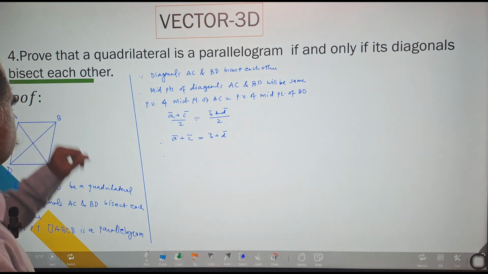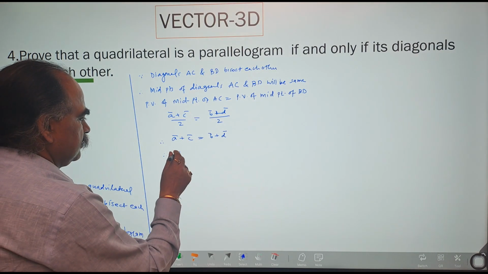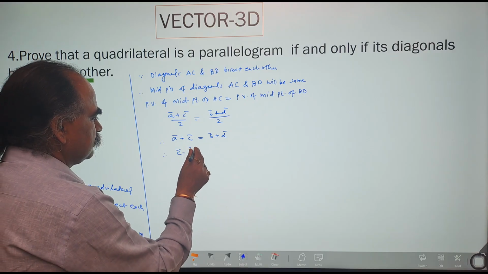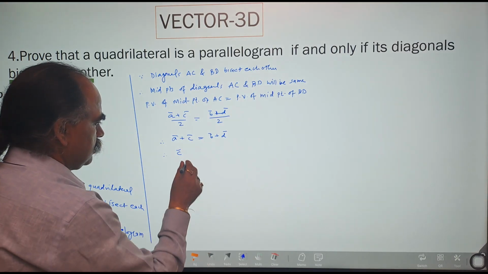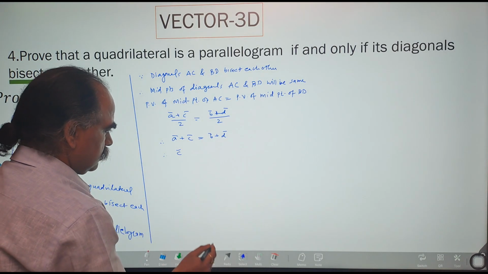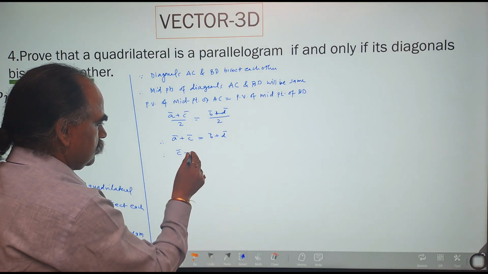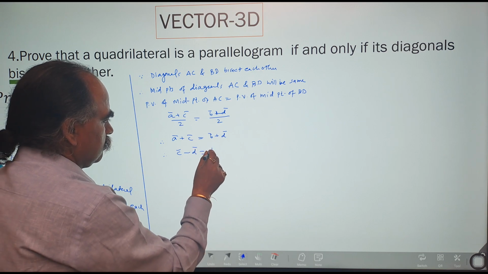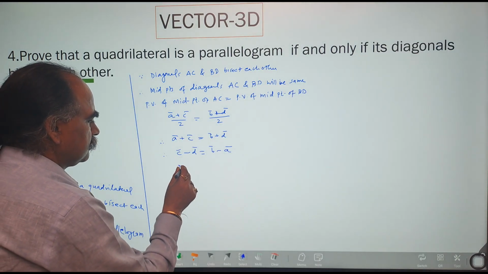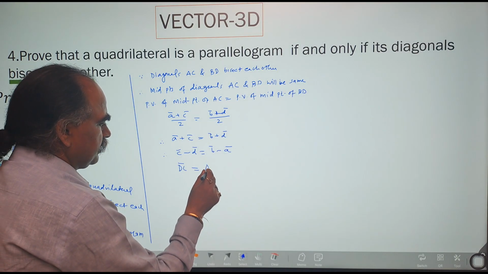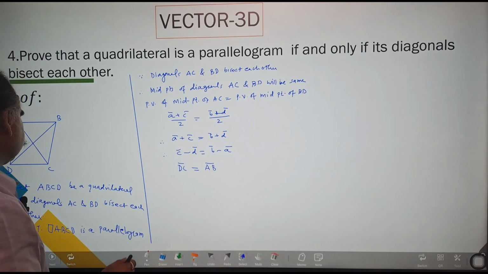Our aim is what? To prove that AB bar is equal to DC bar. AB bar is what? B bar minus A bar. So C bar minus D bar is equal to B bar minus A bar. This is DC bar, which is equal to AB bar.